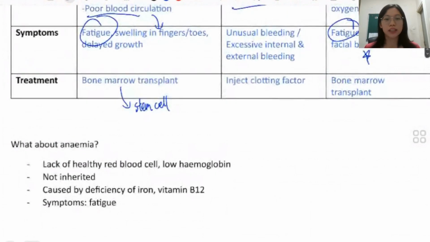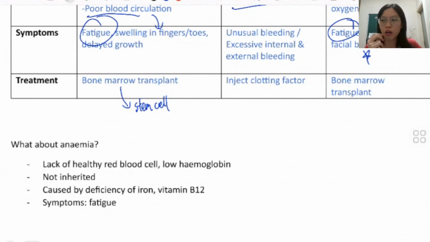And what about anemia is something I would like to add on. Anemia is actually due to lack of healthy red blood cells and low hemoglobin. Normally it's due to the deficiency of iron and vitamin B12.